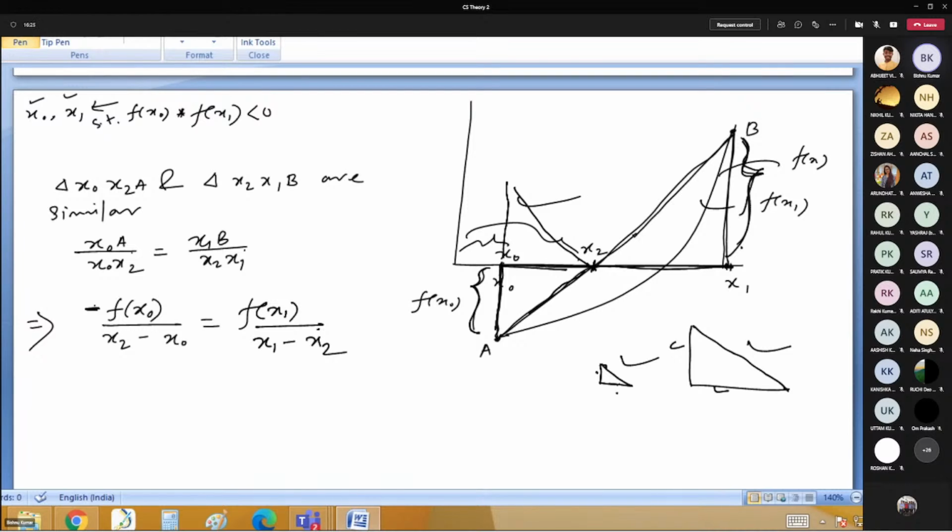If triangles have their faces in the same direction, then you may simply use the ratio property. Since it is in the opposite direction, and f of x0 is negative while the other height is positive, to compare by similarity I have to put a negative sign here, such that this is also positive and this is also positive.